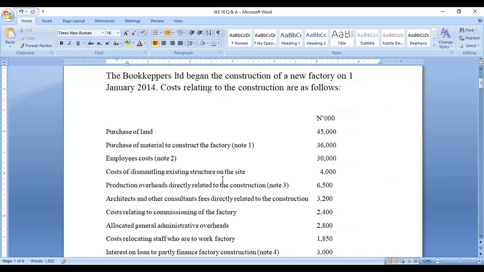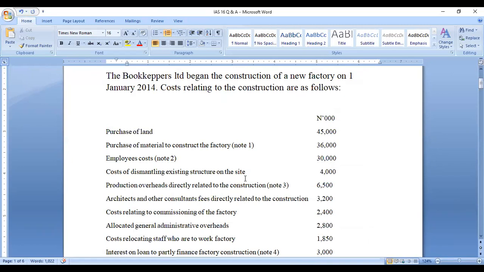Should it be included as part of the cost? If yes, why? If no, why? Can somebody respond? Give me your own opinion on why you think it should be that way, so that we have 3 questions solved today.